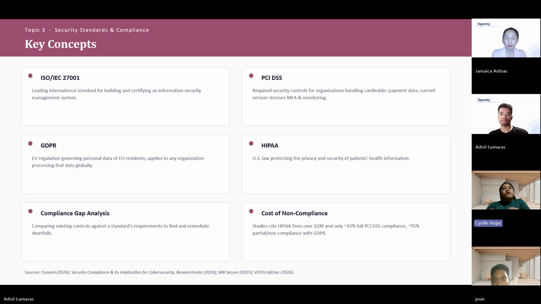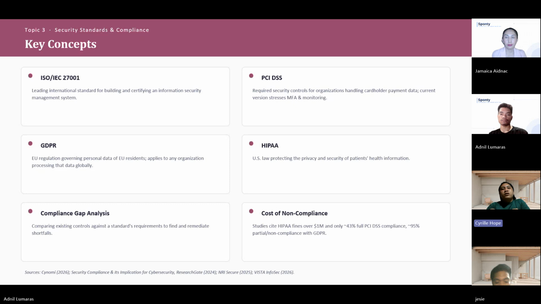Another source of difficulty is simply the pace of change. Standards themselves are periodically revised. PCI DSS moved from version 3.2.1 to 4.0.1 with new requirements around monitoring and authentication, and GDPR enforcement guidance continues to evolve through new rulings and precedents.